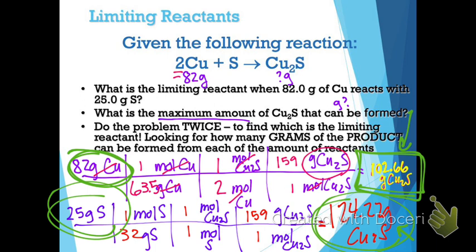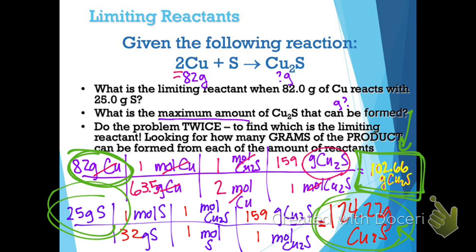No. So that means we're going to use all 82 grams of copper and we're going to produce 102 grams of our product and then our reaction stops. So we're not going to have the ability to use up all 25 grams of our sulfur. We're going to have some of that be left over or excess. So would you just subtract to find the excess?